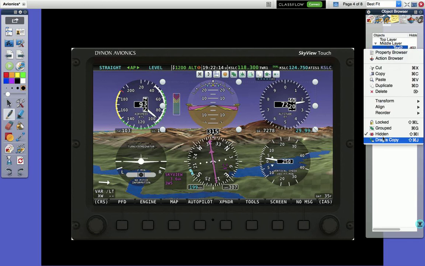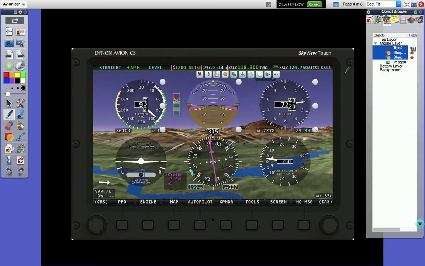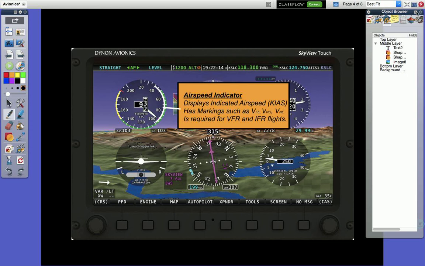We're going to look at our airspeed indicator there.